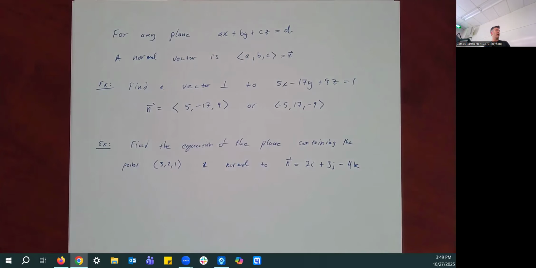Okay, well, great. We already know most of the equation of the plane. If the normal vector is 2i plus 3j minus 4k, then the coefficient of x is 2, the coefficient of y is 3, and the coefficient of z is negative 4.